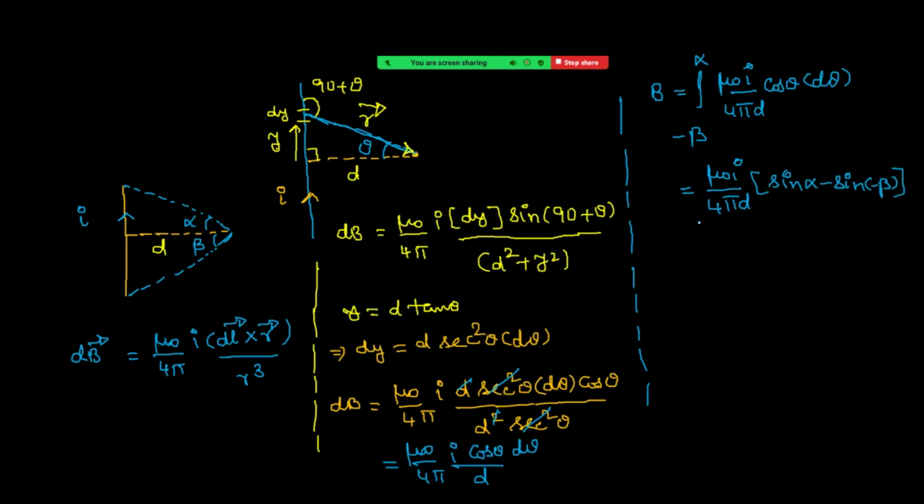That is now the expression for the strength of the magnetic field due to a current carrying straight wire. It has a finite length. Let us see now if it has infinite length. See what happens. If this length extends up to infinity, then this angle becomes 90. See carefully. If this end is up to infinity, then alpha becomes 90.